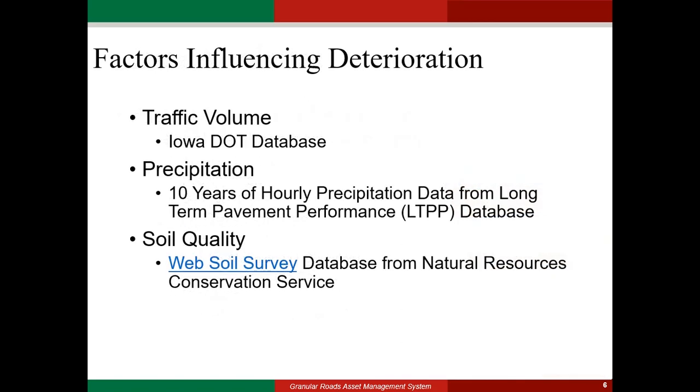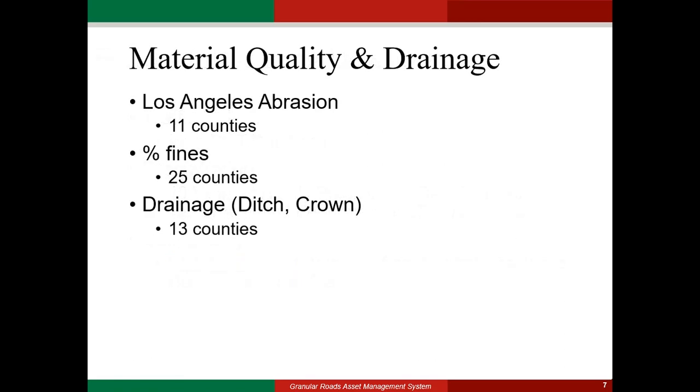We collected the traffic volume data from the Iowa DOT database, the precipitation data from LTPP, and subgrade soil quality data from the NRCS database. We collected the rock material quality, LA abrasion and fines content data from individual pits, quarries, and counties. And for drainage, ditch, and crown information, we collected those data from different Iowa counties.